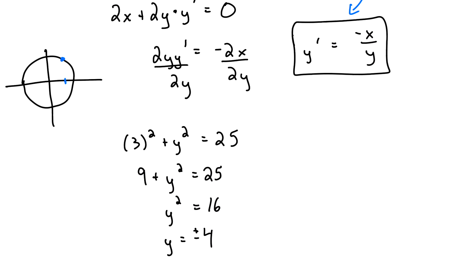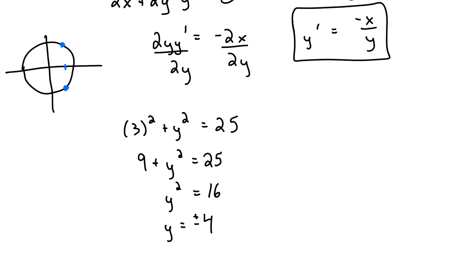There's actually 2 places on my circle where x is equal to 3, one at positive 4 and one at negative 4. And since I didn't specify which one I was looking for, I'm going to have to find them both. So that means I'm going to have 2 different equations of my tangent lines. One should have a negative slope, the other should have a positive slope.